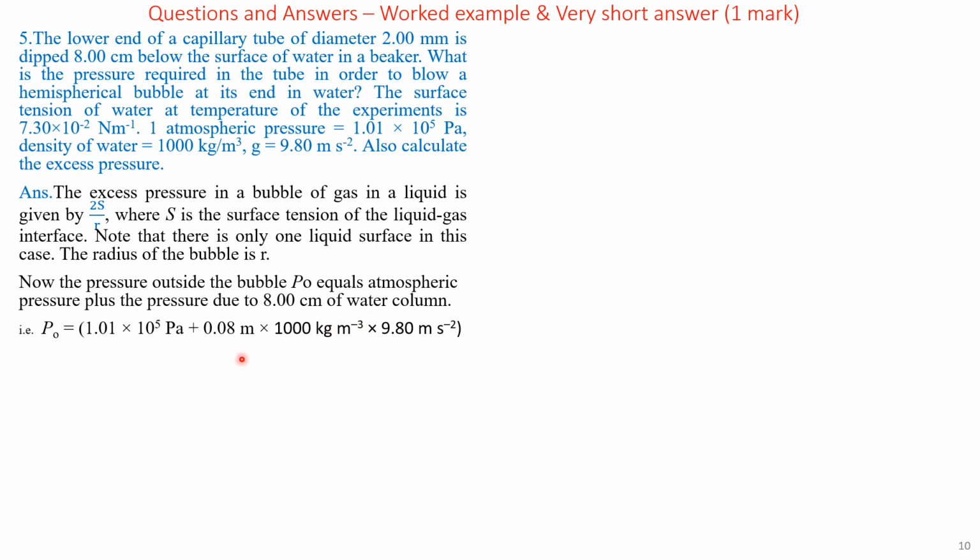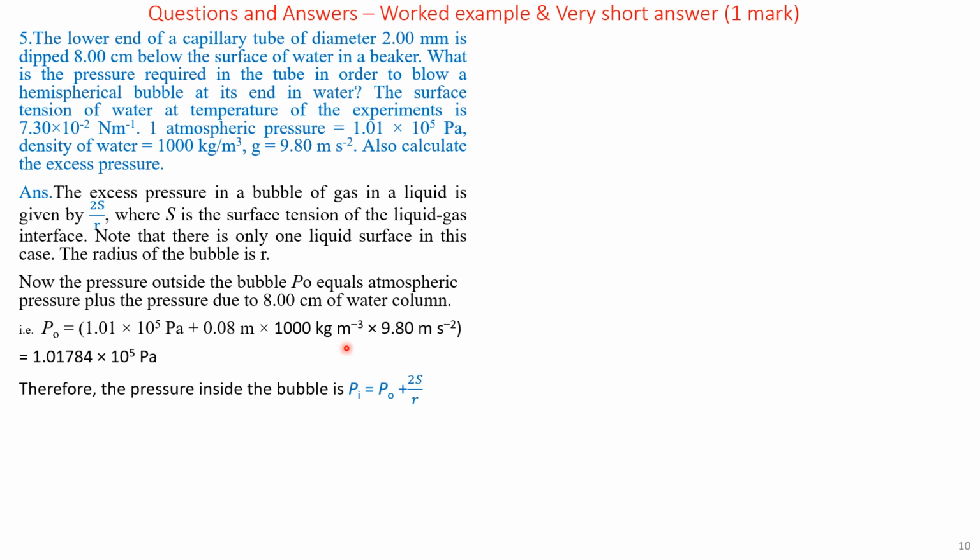Substituting the values, PO is equal to 1.01 into 10 to the power of 5 pascals plus 0.08 meters into 1000 kg per meter cube into 9.8 meters per second square. Simplifying, we get the answer as 1.01784 into 10 to the power of 5 pascals.